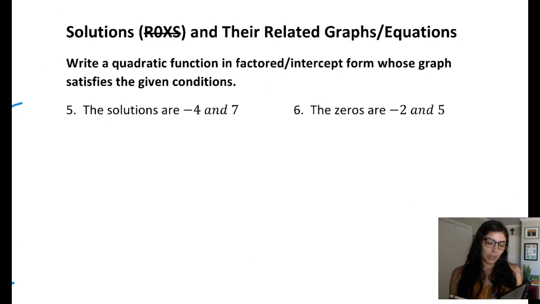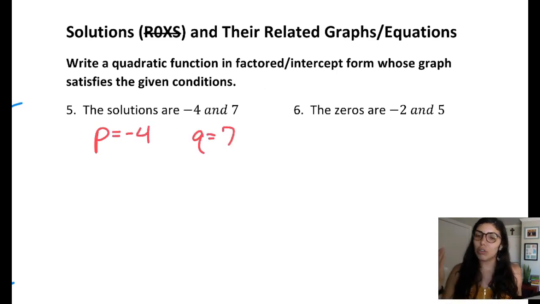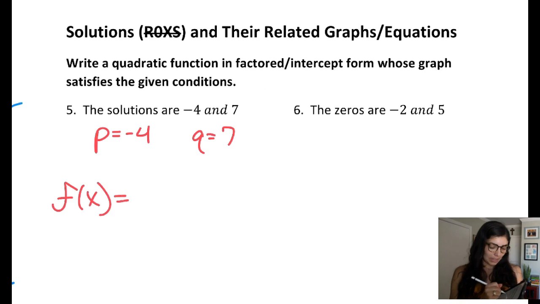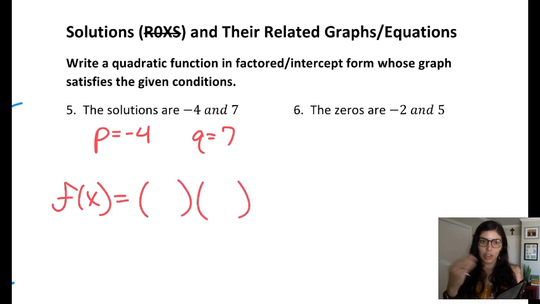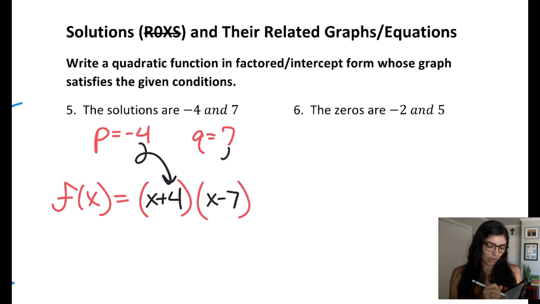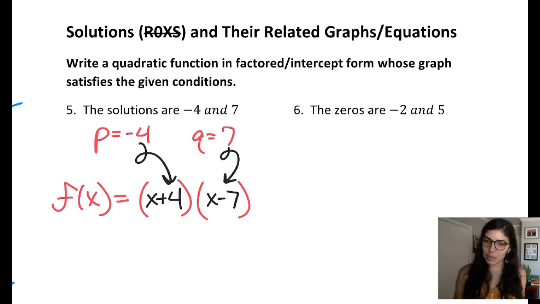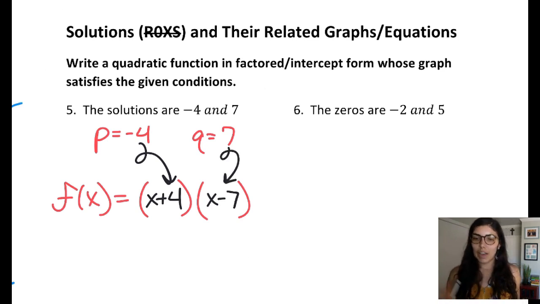Okay, we could label these as P and Q, since those are what are in my formula, so you know where they go. But it's easier just to think about the fact that these have to be opposites. If those are the solutions, then my factors are the opposite: x and a +4, x and a -7. You see how these are now opposites when they go back into the parentheses? Factors and solutions are opposites.